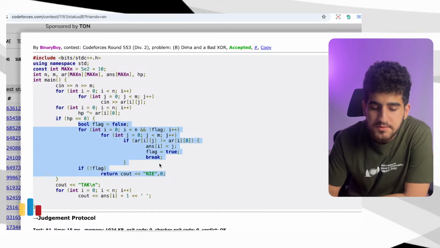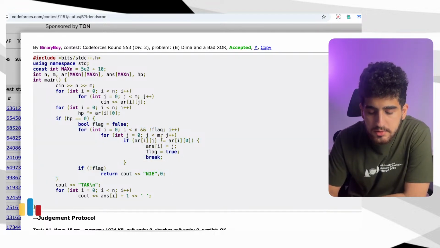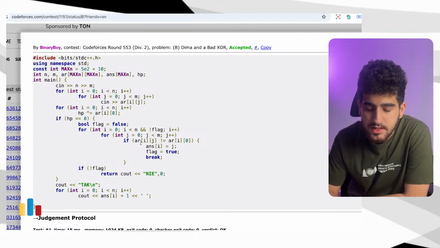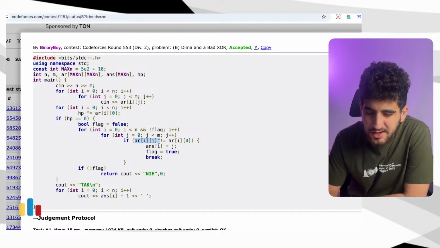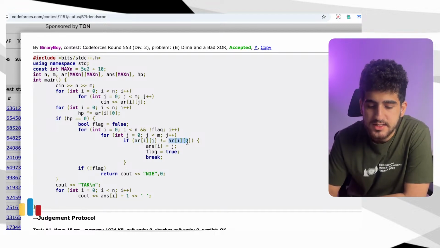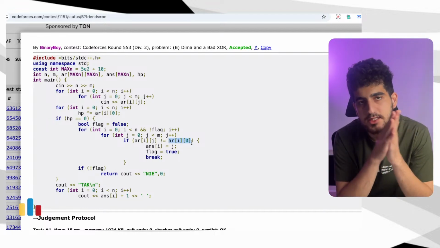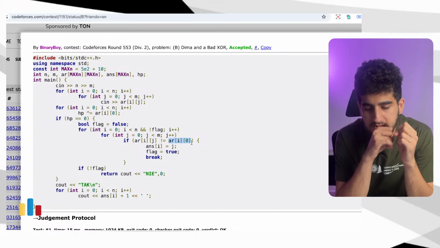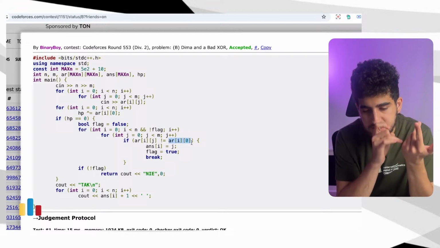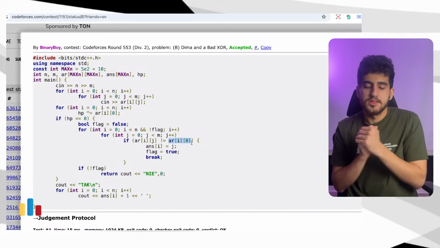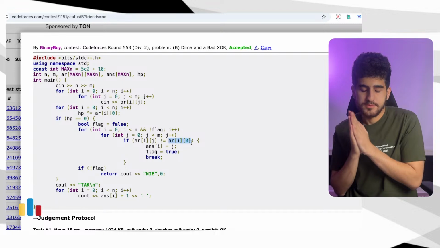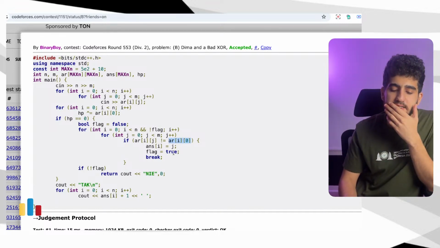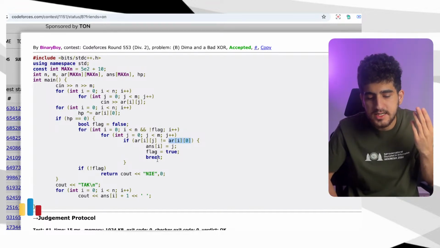We go over all the numbers in all the rows, and if one of the numbers was different compared to the first number in that row, we change ans[i], and instead of taking the first number, we take the number in row i at index j, and then we set flag equal to true. It means that we have found the answer and we break.